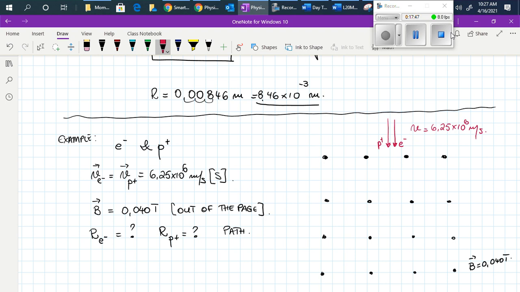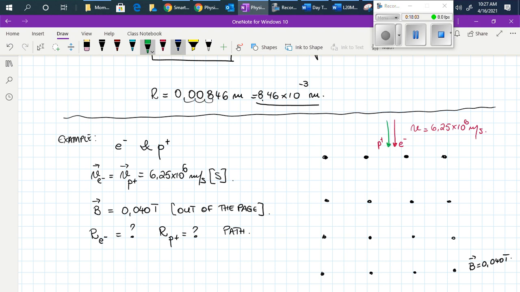So let's figure out what magnetic force the electron is experiencing and what magnetic force the proton is experiencing. I will do this with a different color so that we can see it.